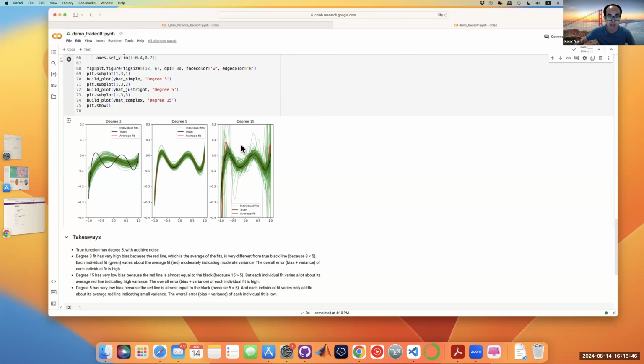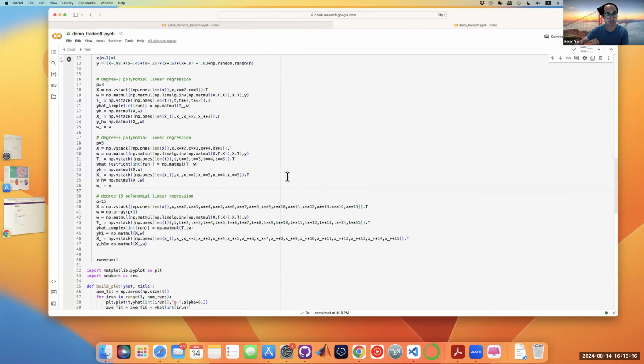So the reason for overfitting is not the bias, it's actually the high variance from our fittings. Those high variances contribute to the high test MSE.